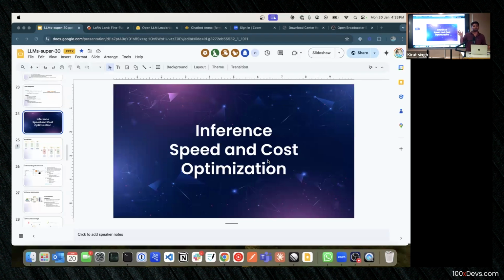These are billion parameter models. A lot of math goes into the multiplication, right? A lot of compute goes into it, and due to that, the speed is also slow. Your Python code versus an LLM inference: obviously, the LLM inference has way more calculations, right? So this is what we are going to talk about: what are the things happening in LLMs for the speed and cost optimizations of it? Okay, clear?